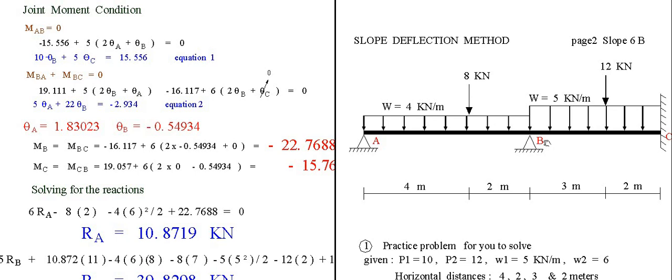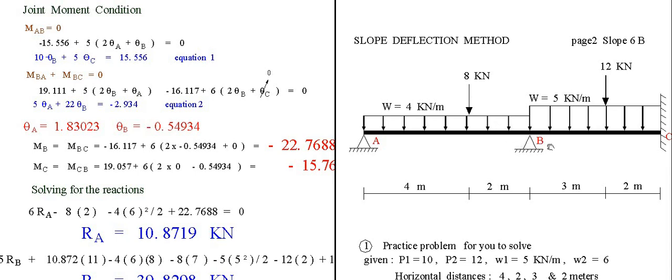The values of moment on the right and on the left are equal in magnitude but opposite in direction. On the right, the direction is clockwise. The moment at B left, the direction is counterclockwise.